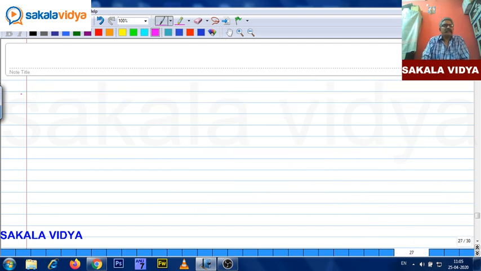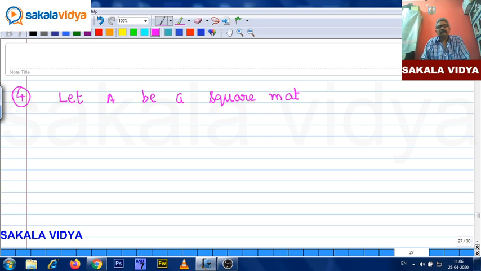So next one, let A be a square matrix such that, first point, find A square.